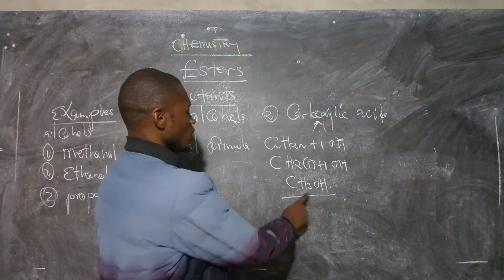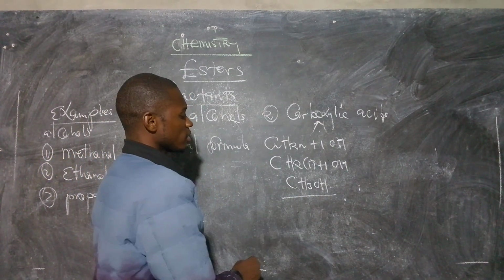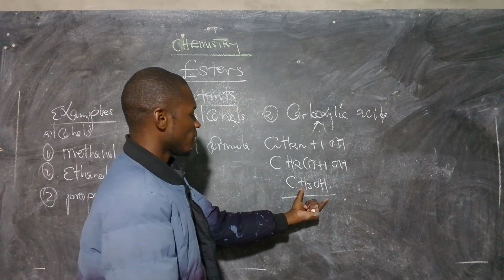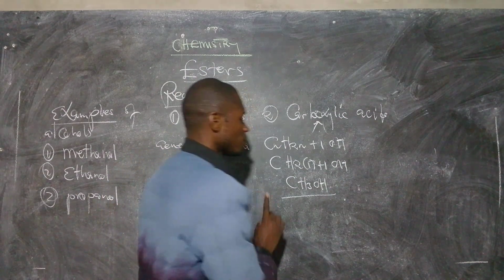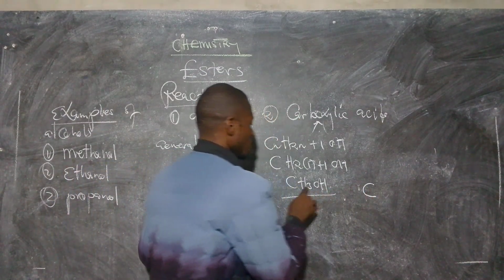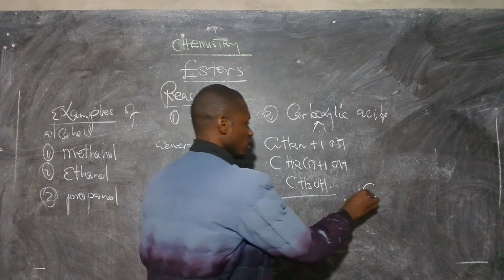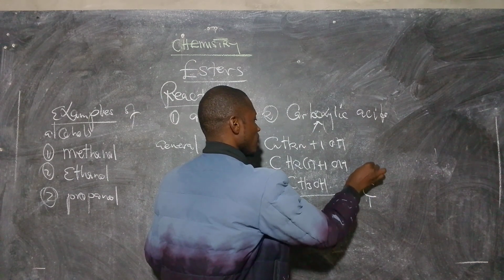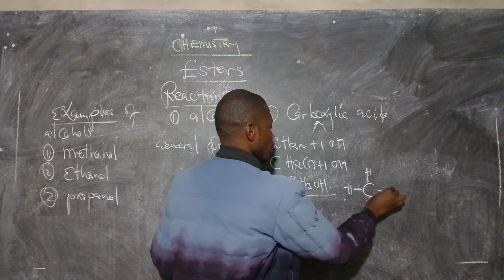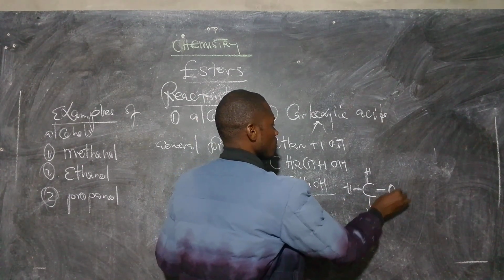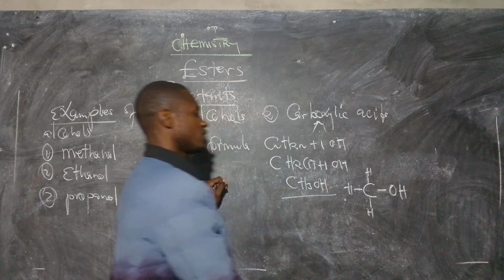So having known this, we can also draw the structural formula for the same methanol. So in terms of the structural formula, we have 1 carbon. So we're going to write this carbon. We have 3 atoms of hydrogen. So here, here, and here. So something like this. Then a bond will attach to the carbon to give us our hydroxyl.